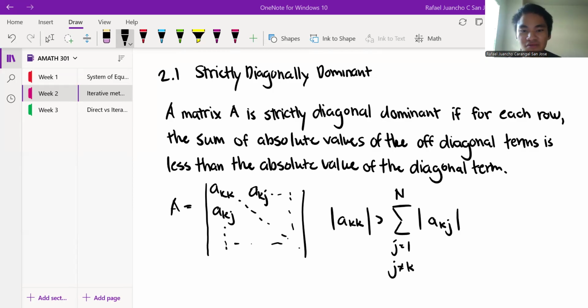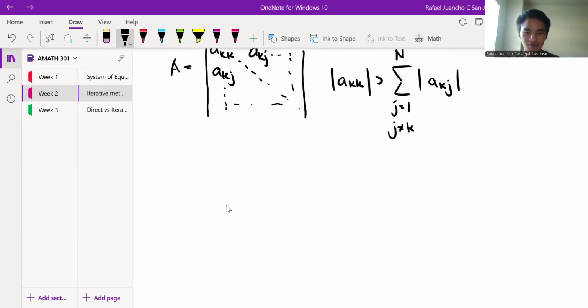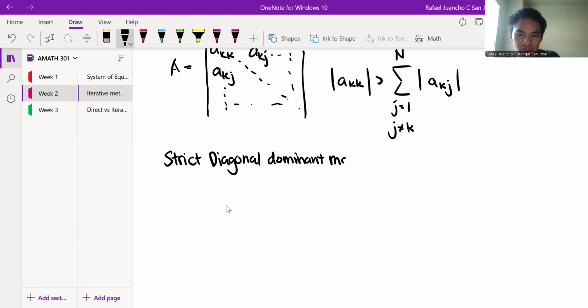And it has the following consequences. Given a strictly diagonal dominant matrix A, here's the nice thing about it.